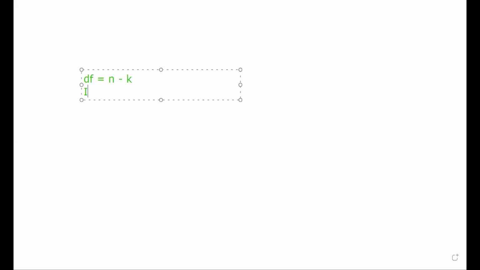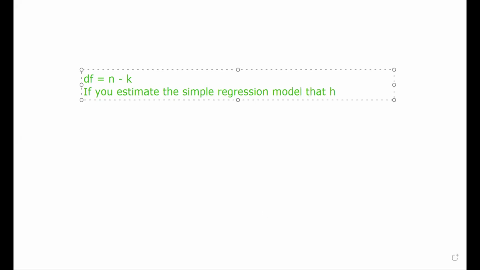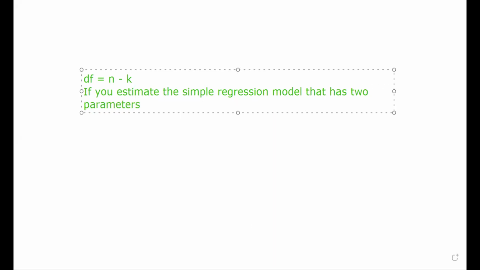If we estimate the simple regression model, that has two parameters, so K is equal to 2.